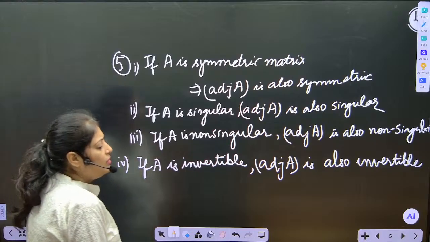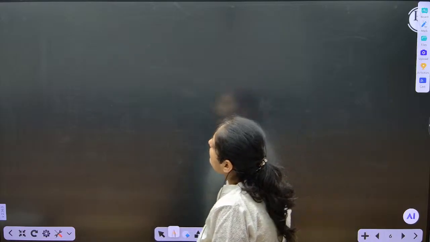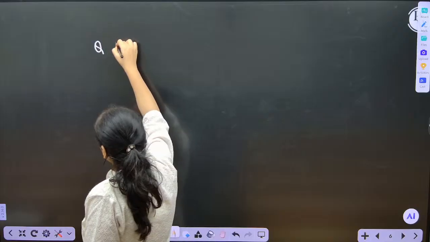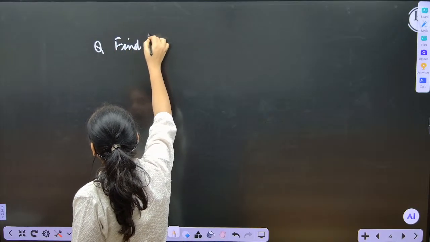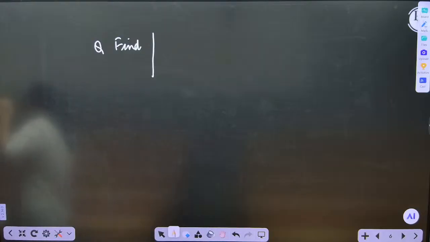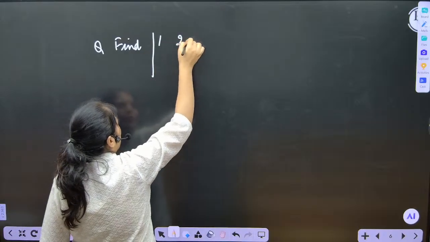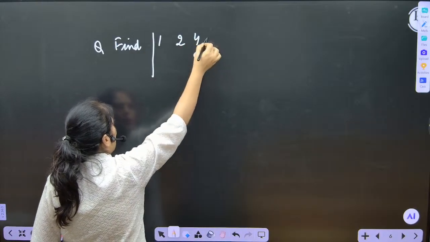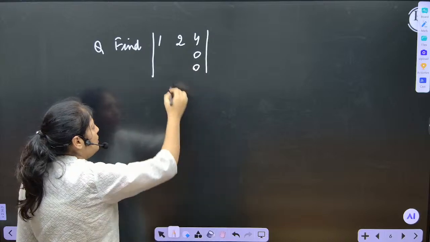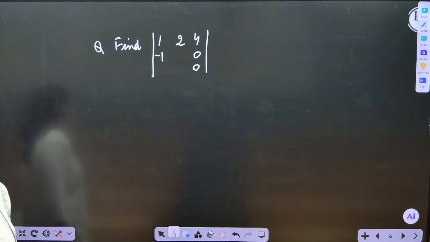One question I'm taking: find the determinant of a matrix with first row 1, 4, and then 0, 0, minus 1 and 3, 4.